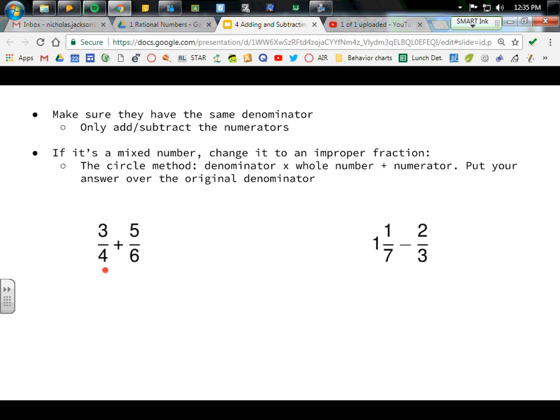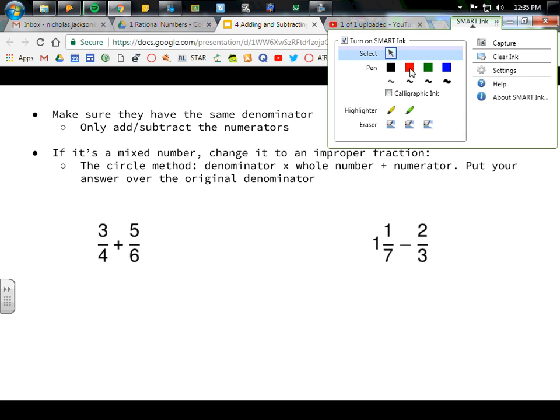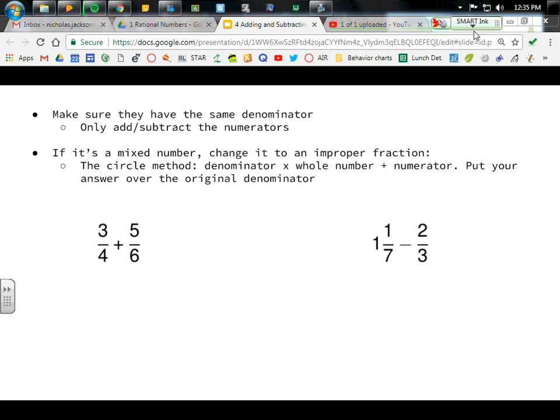Here we have 3/4 and 5/6. First you have to make sure they have the same denominator. If you make your list of all of your multiples of 4 and 6, what you'll find is that they both have 12 as a common multiple. So that's going to be our lowest common denominator.